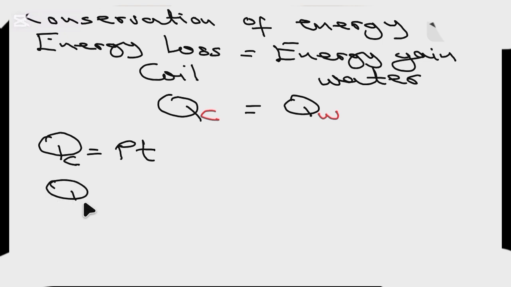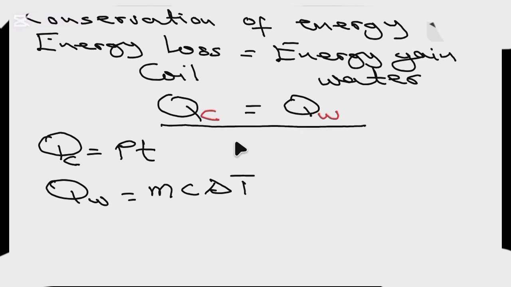Likewise, the quantity of heat gained by water is given as the mass times the specific heat capacity of water times the change in temperature. Now, since we are saying they are equal here, it means that I can equate this and that. Therefore, my PT is equal to MC delta T.